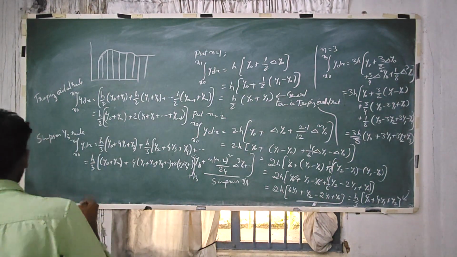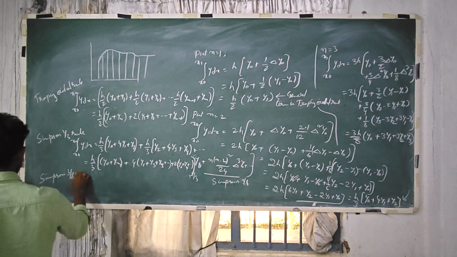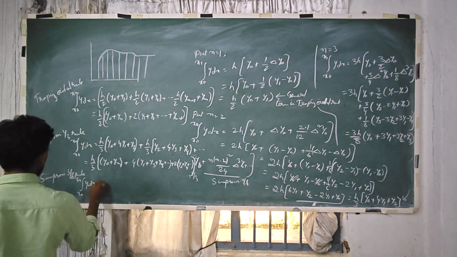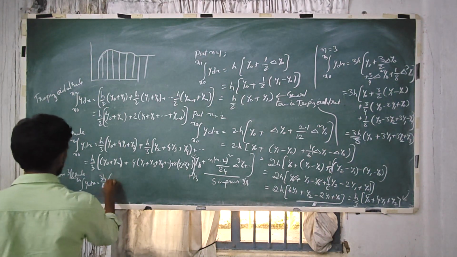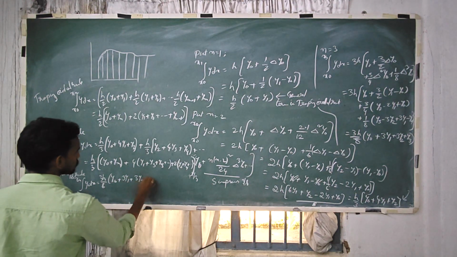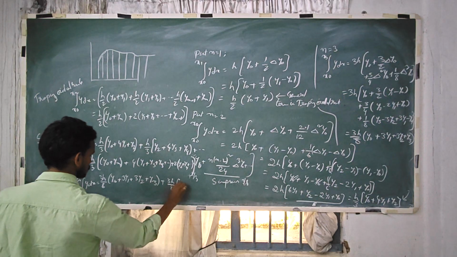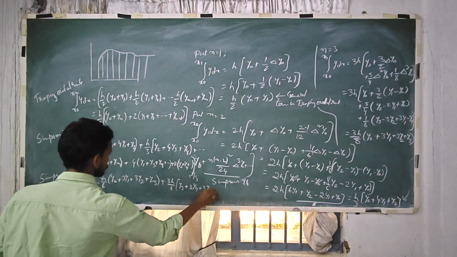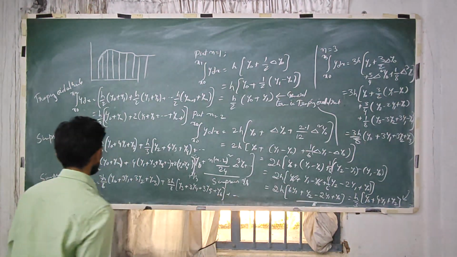For Simpson 3/8 rule, you have 3h by 8 times y0 plus 3y1 plus 3y2 plus y3, plus 3h by 8 times y3 plus 3y4 plus 3y5 plus y6, like that.